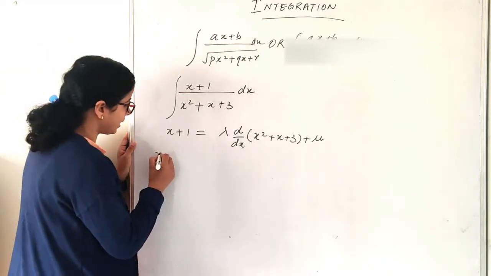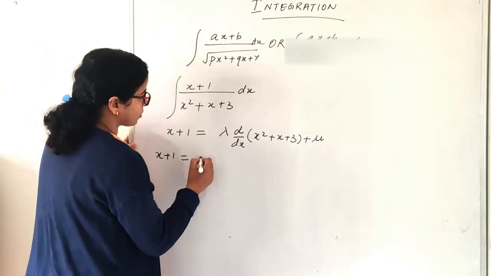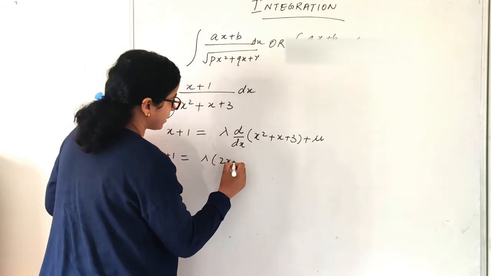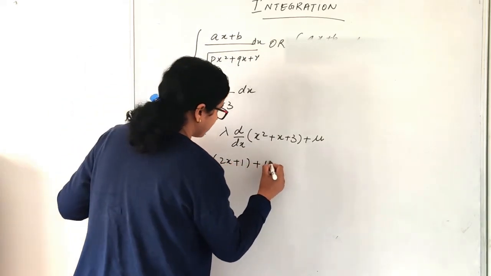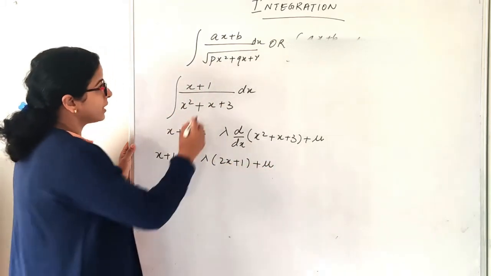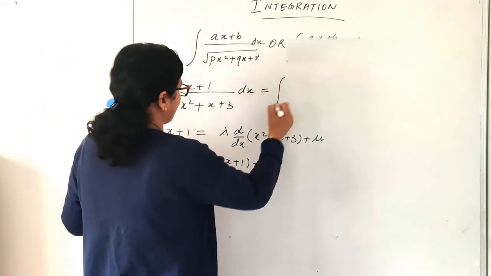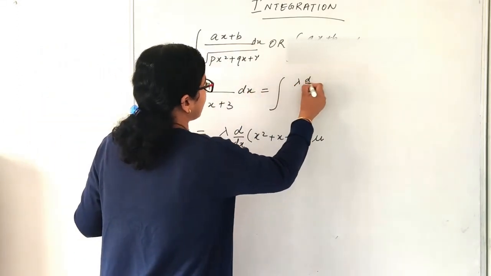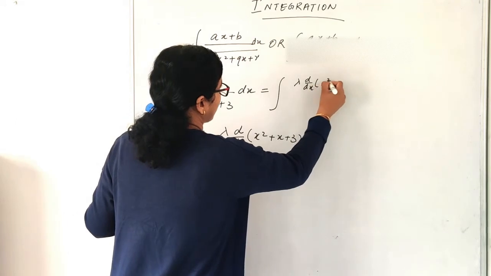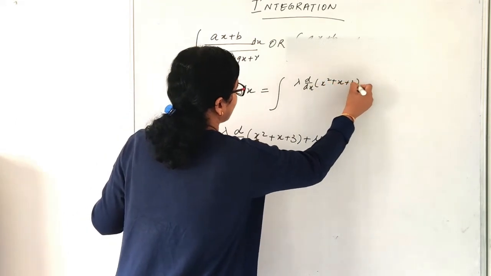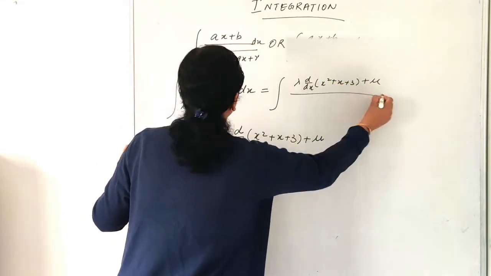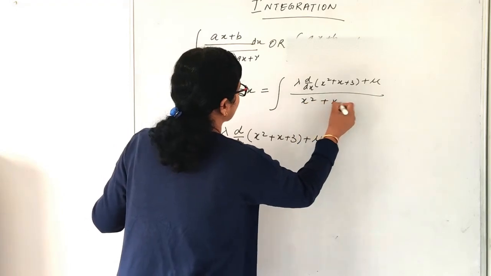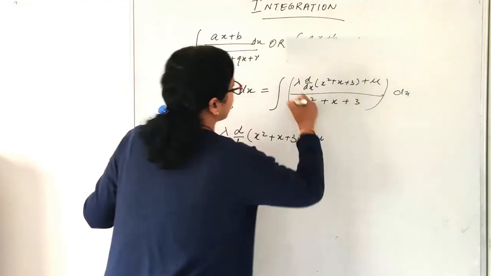So I write x plus 1 is equal to lambda times (2x plus 1) plus mu. This can be rewritten as lambda d upon dx of (x square plus x plus 3) plus mu, upon x square plus x plus 3 dx. Is it clear?